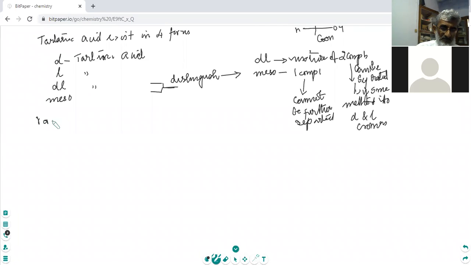That is converting one enantiomer into a racemic mixture.